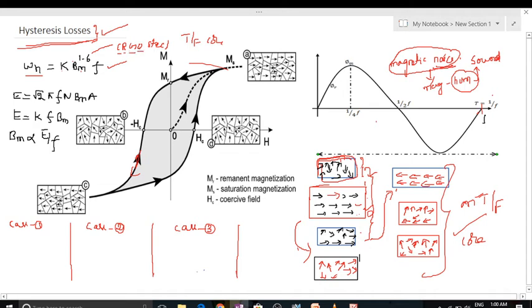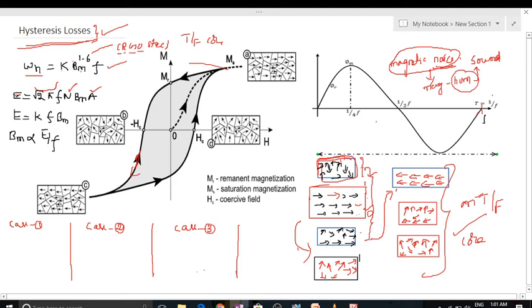This is the expansion of CRGO steel, a special purpose steel. Now, for these hysteresis losses, we know the EMF equation E is equal to root 2 pi F N phi. In place of phi we can write B max into A. So 2 pi is constant, N is constant, and the area of the core is constant, so E can be written as K times F into B max.